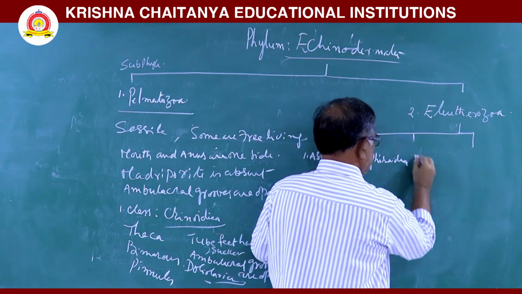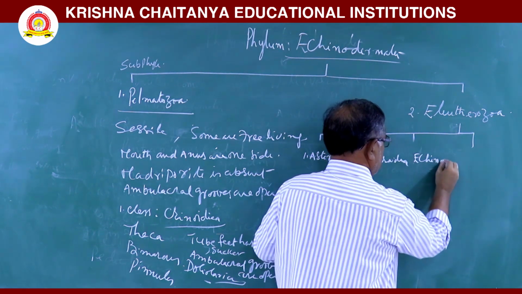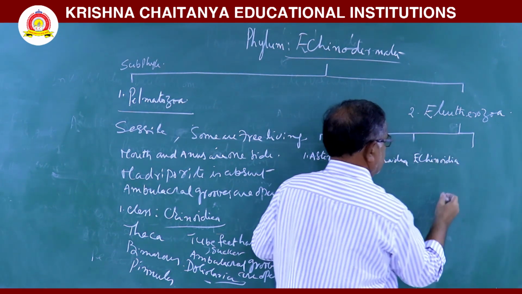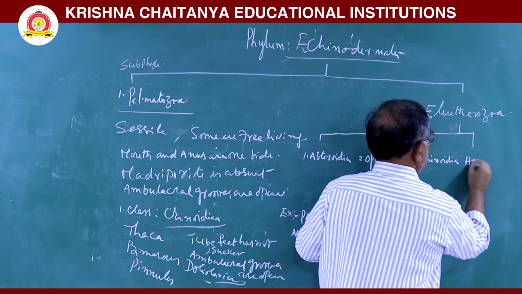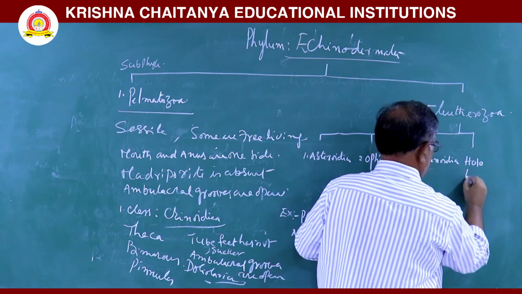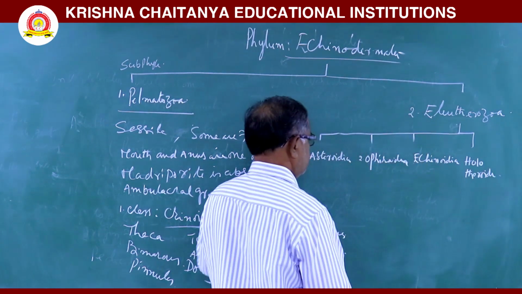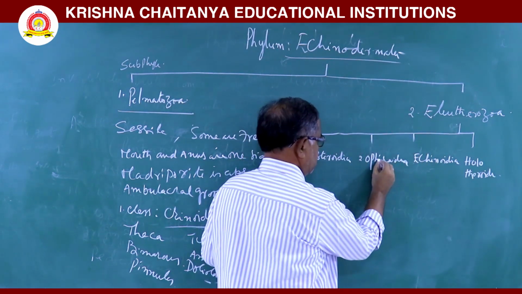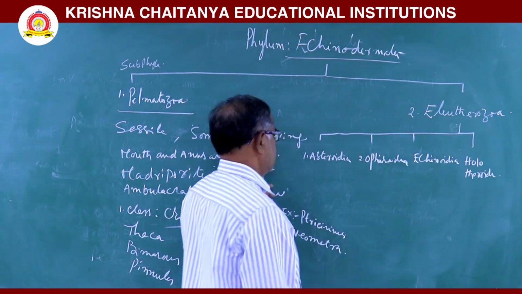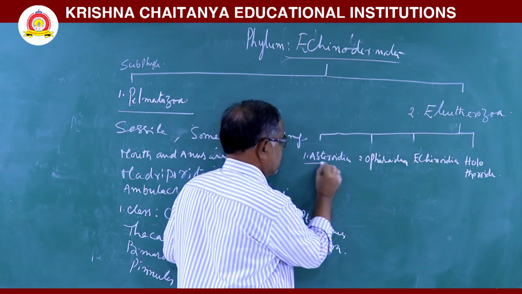Next, Echinoidea. Then Holothuroidea. Next, first, Asteroidea.